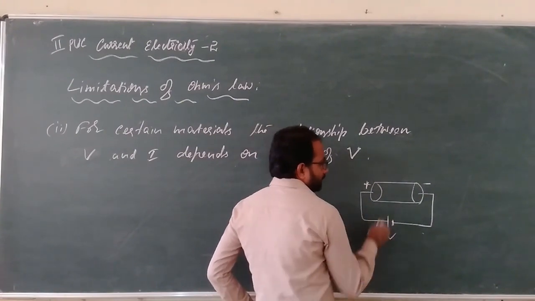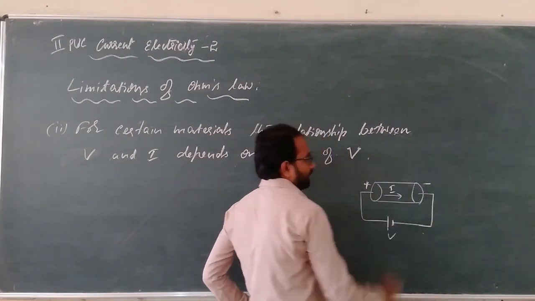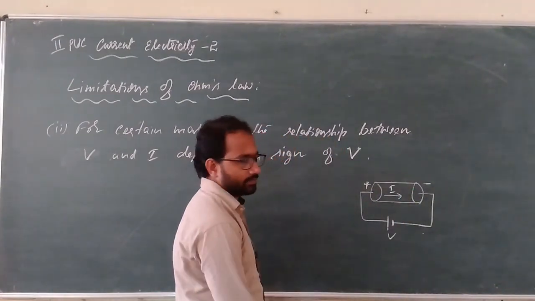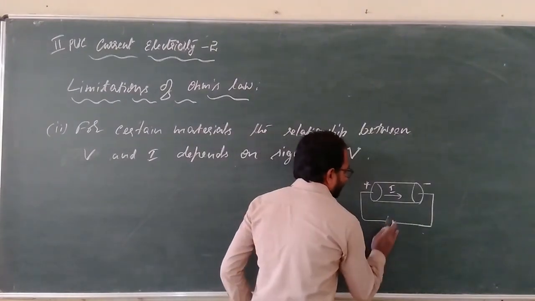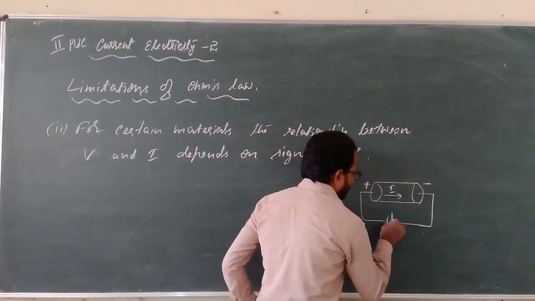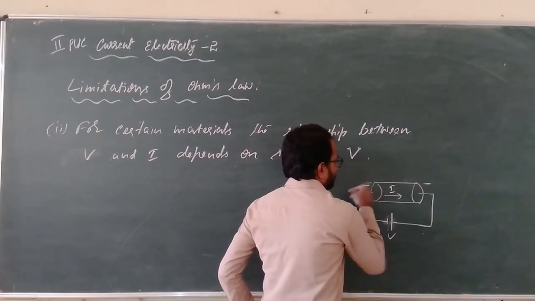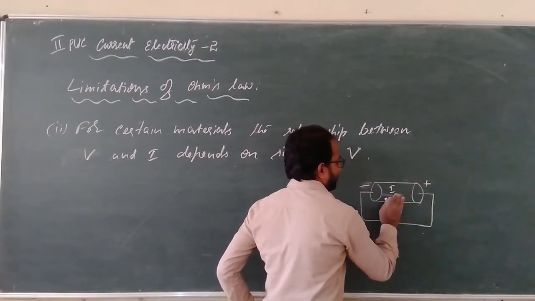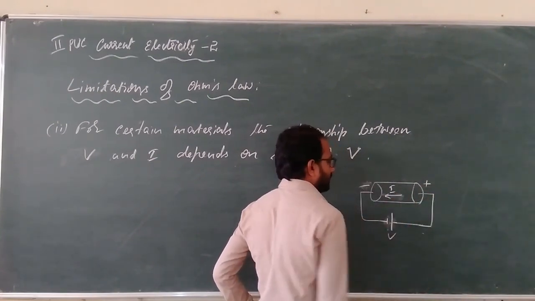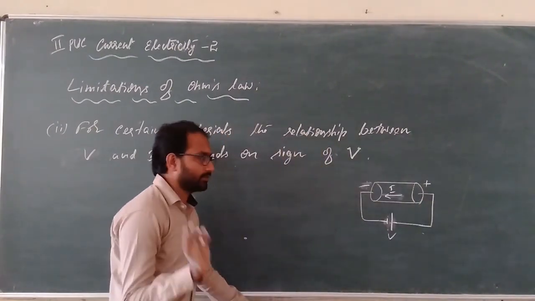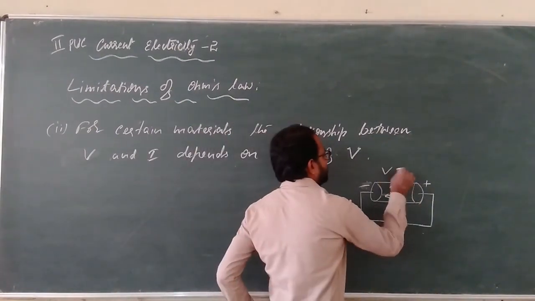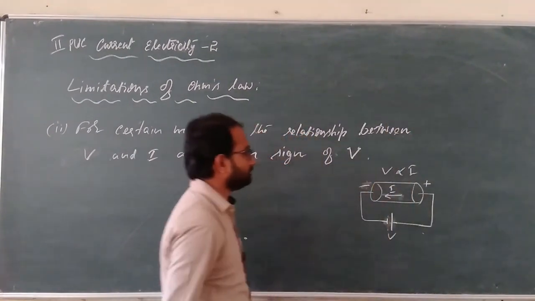So now current flows through it, and it obeys Ohm's law. If I reverse the polarity now, this becomes negative, this becomes positive, the direction of current reverses, but still Ohm's law holds good. So V is directly proportional to I.